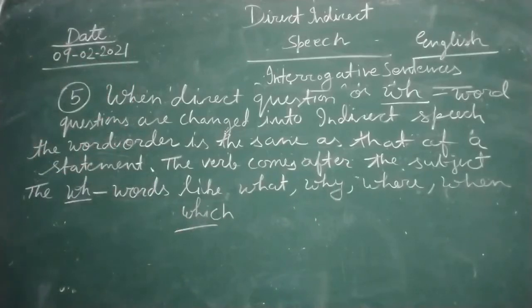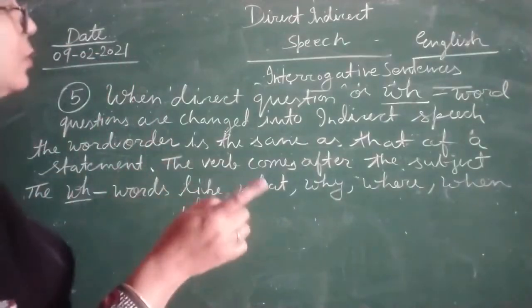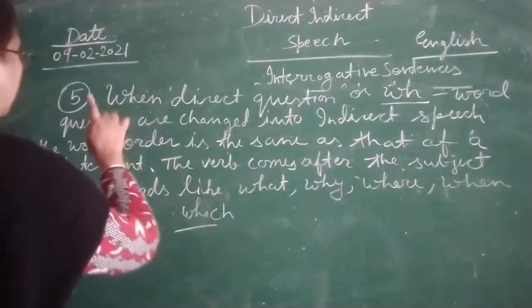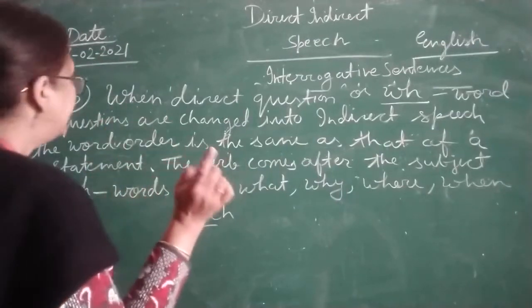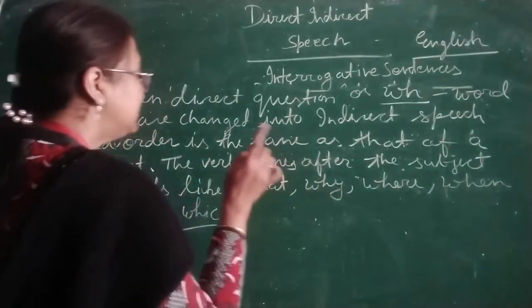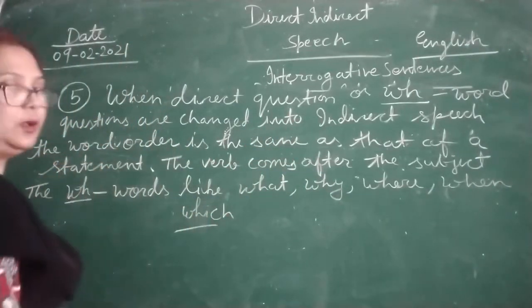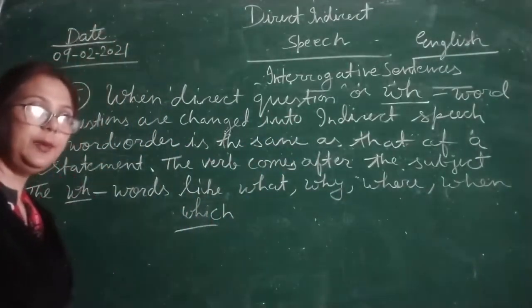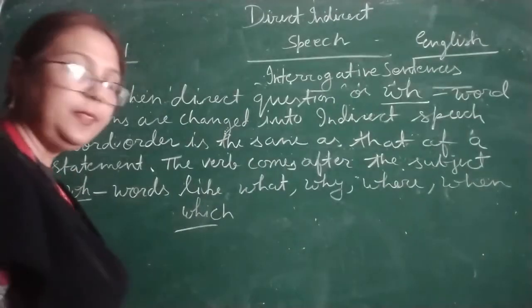So when direct questions or WH word questions are changed into indirect speech, the word order is the same as that of a statement. Okay, as we have done in the statement, the same order will be there.